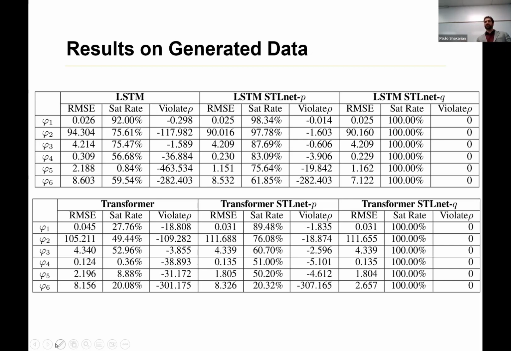And likewise, you see rather high satisfaction rates on the student network. Again, it's because of that loss function. They're directing it also toward a result that is able to satisfy the constraints. And of course, you get rather poor satisfaction rates with the baselines, which is hardly surprising because they're not considering that at all.